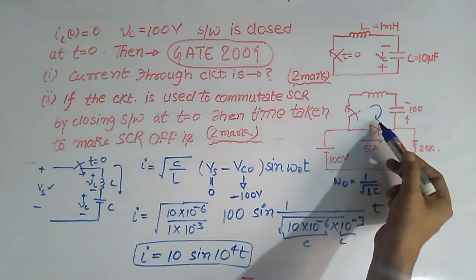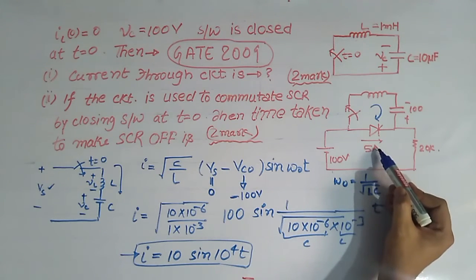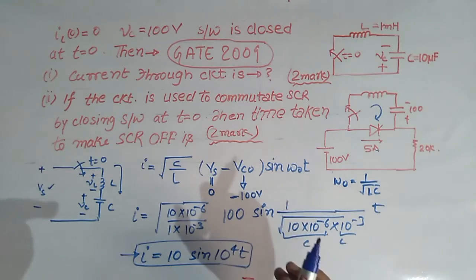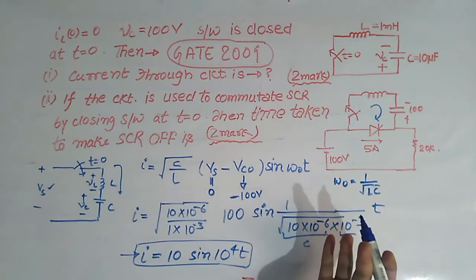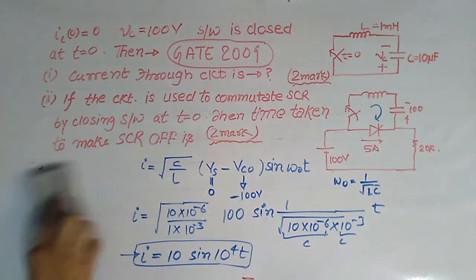If we make this current I equal to 5 ampere, that is the current through this SCR, then the net current through the SCR will become 0. So the SCR will automatically commutate. So to make this, we have to simply put, now we will solve the second part of the question.